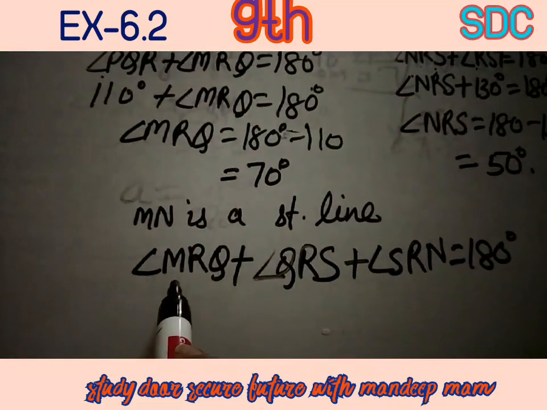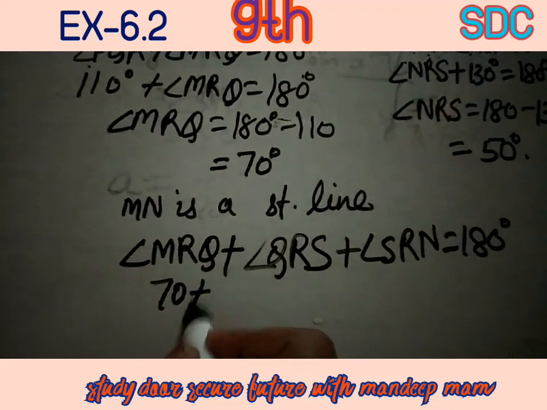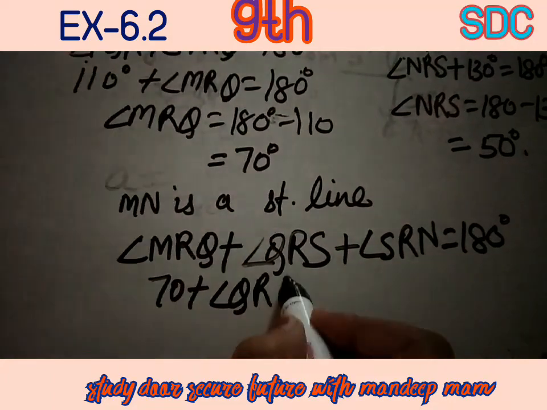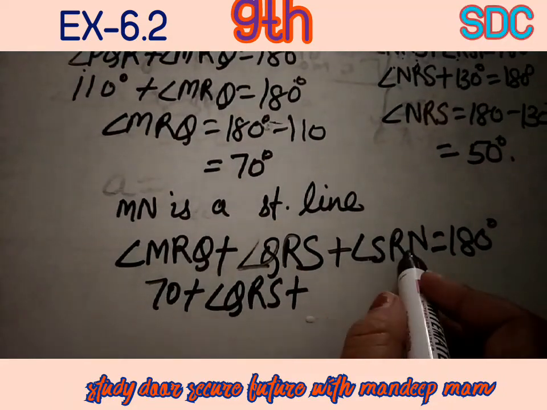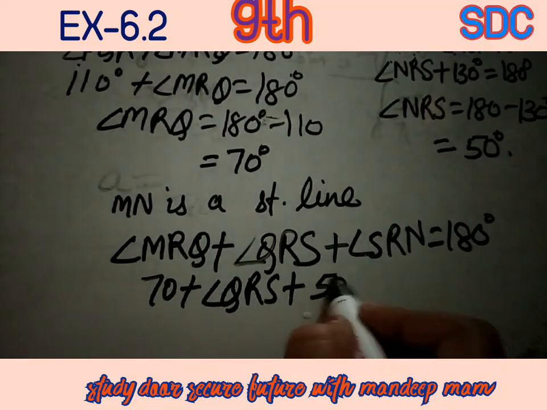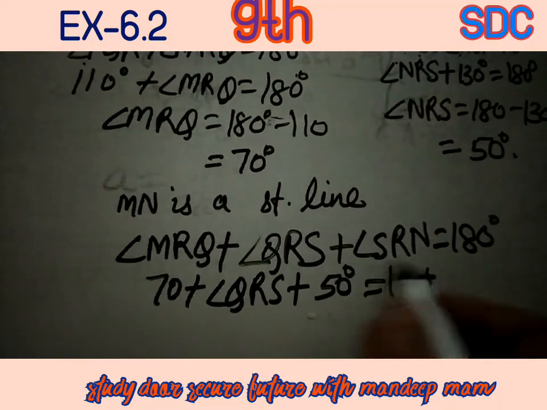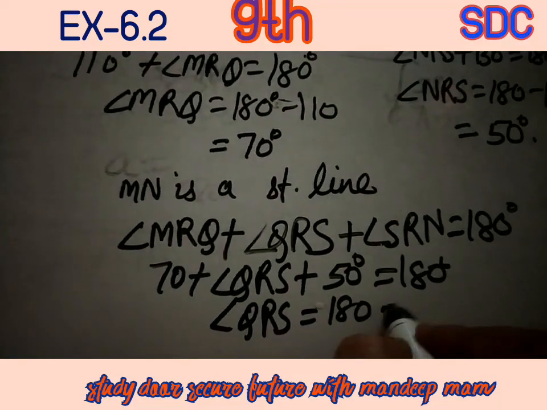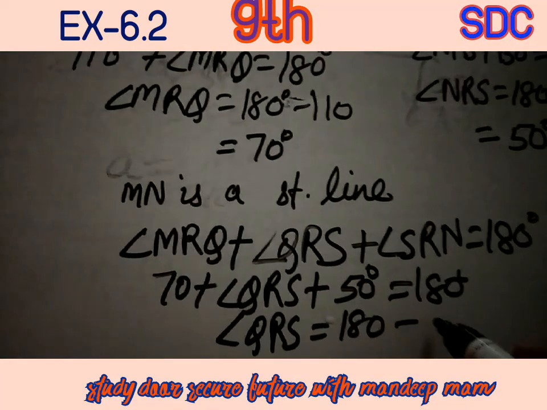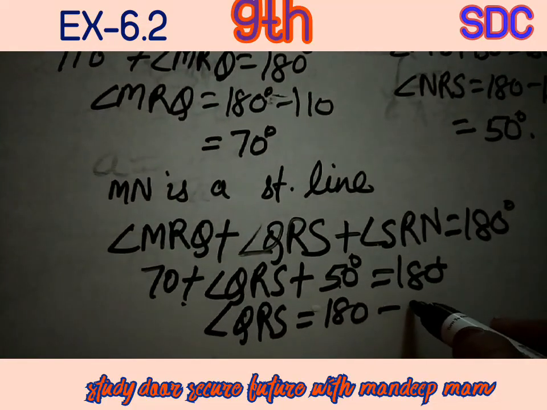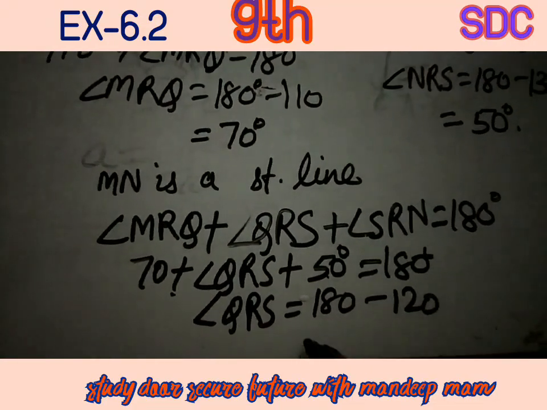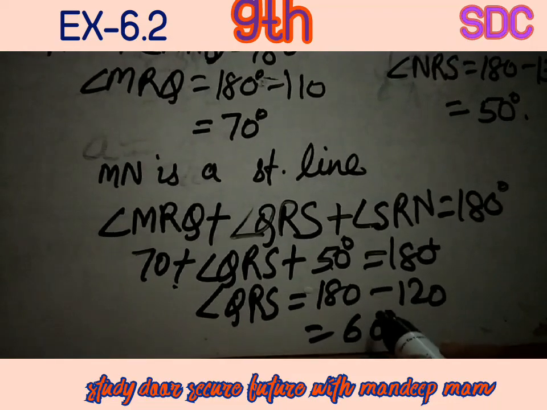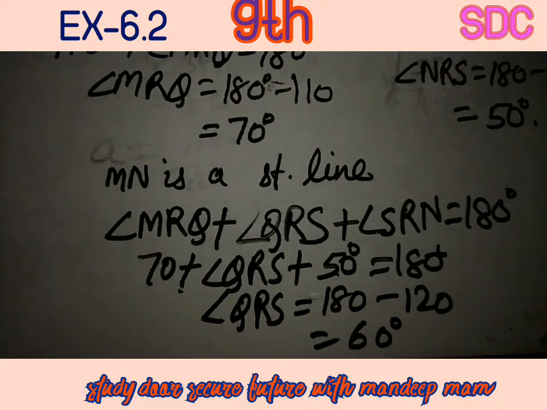We know angle MRQ is 70. So angle QRS plus SRN, which is 50, is equal to 180 degrees. So QRS is equal to 180 minus 70 plus 50, which is 120. So this angle QRS is equal to 60 degrees.